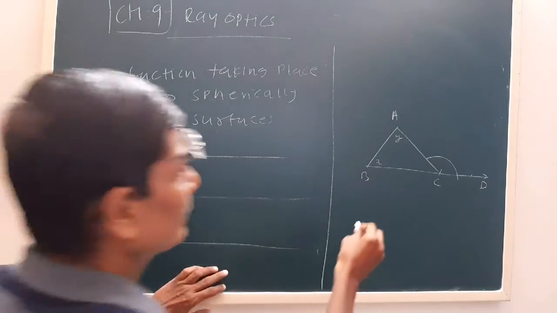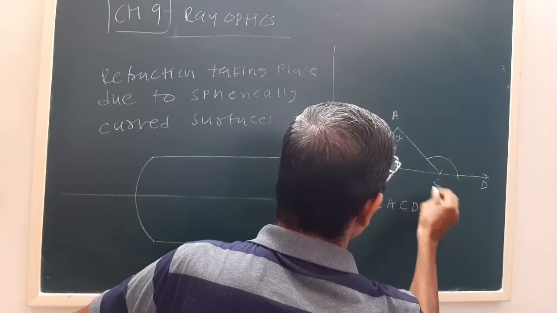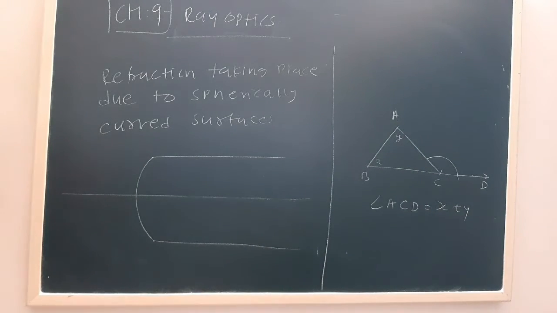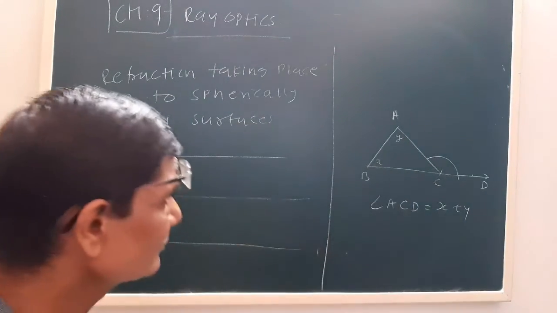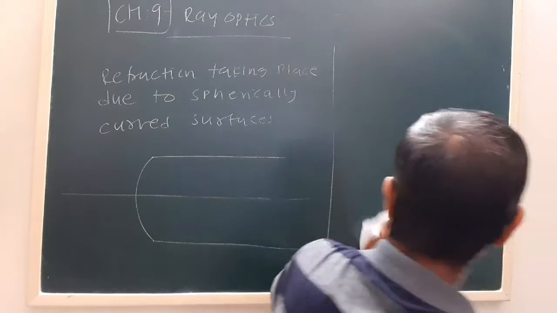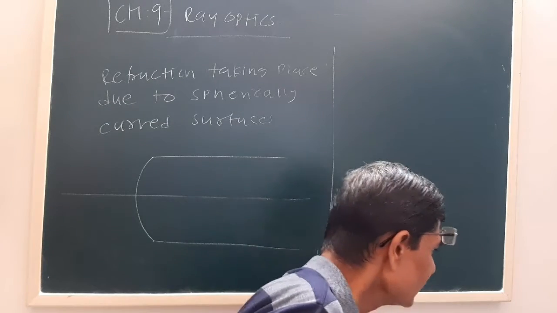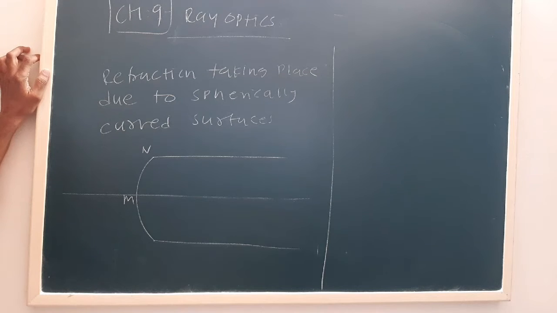The exterior angle ACD is the sum of the remote interior angles. So this simple basic rule we have to keep in mind when we study refraction due to a spherically curved surface.